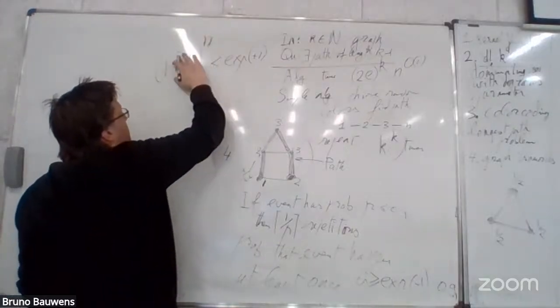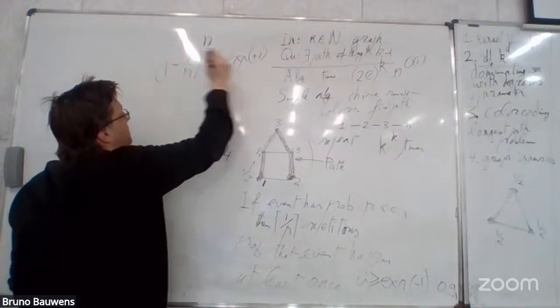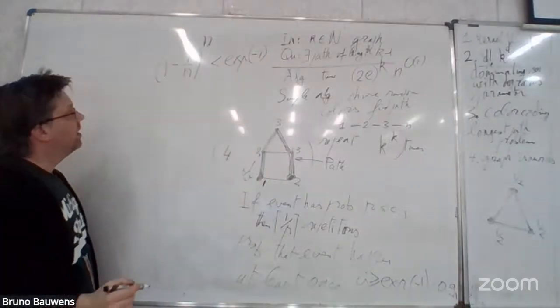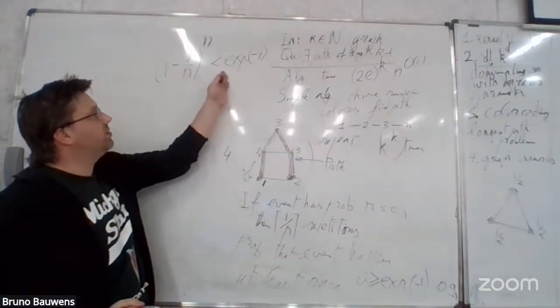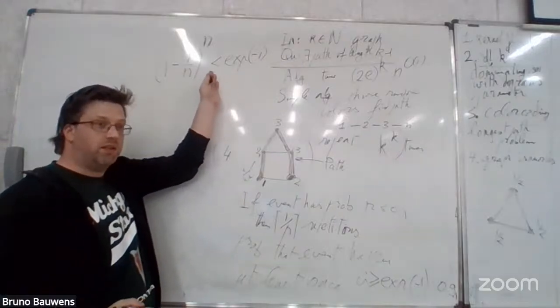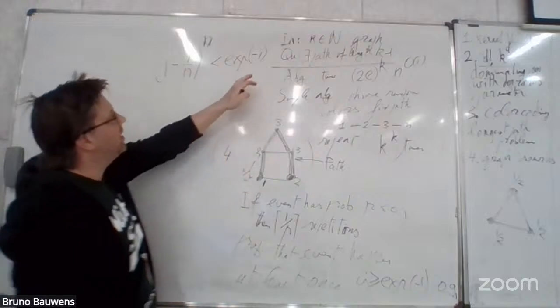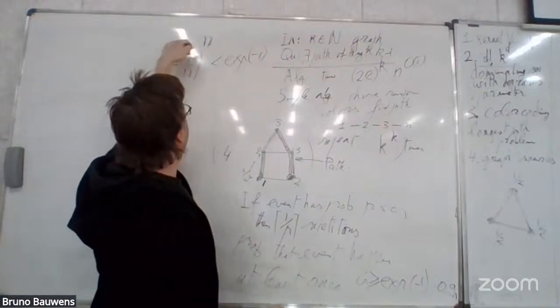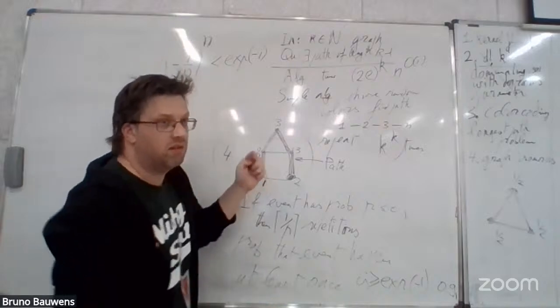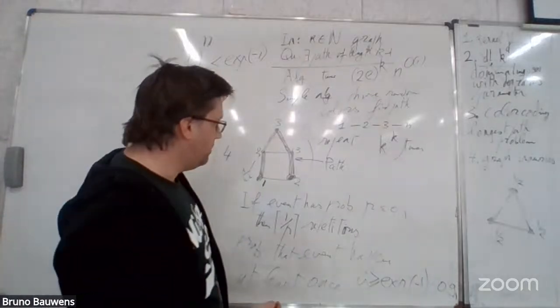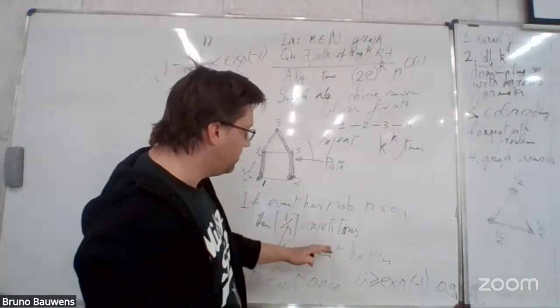It also holds if we put a minus here and a minus here. But also if n is large, it will be very close to equality. So to prove this, we need to bound the probability that the event does not happen.